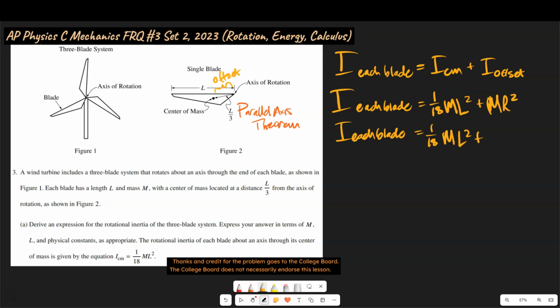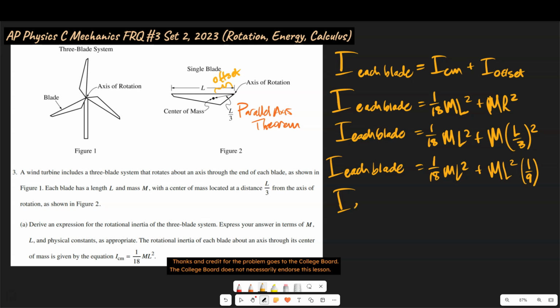In other words, we would say plus m, and then this would be L over 3 squared. Okay, so for the I for each blade, we can sum these together and say this ends up being 3/18 ml squared. So that's the rotational inertia for each blade for its center of mass, but also for the offset that's involved.